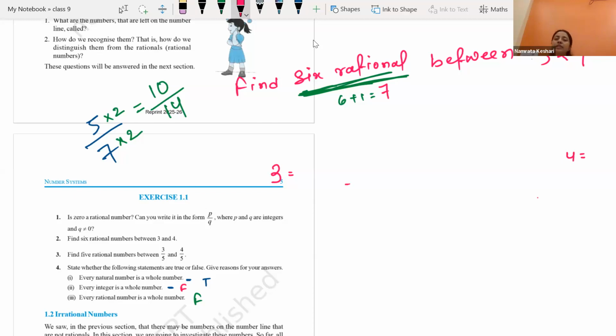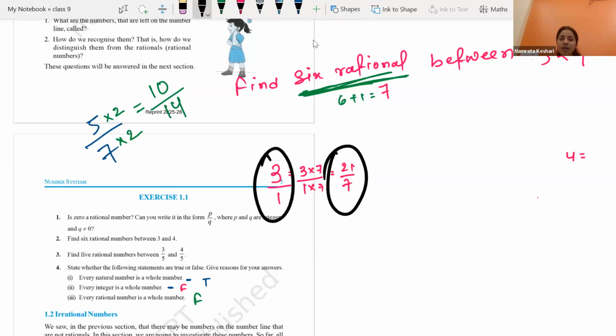If we need to write 6 rational numbers, that means 7 we can multiply in numerator and denominator. Here the denominator is 1. So 7 we can multiply in the numerator and in the denominator. We will be getting 21 by 7. And this 3 by 1 and 21 by 7 is the same thing. So far we have not disturbed.